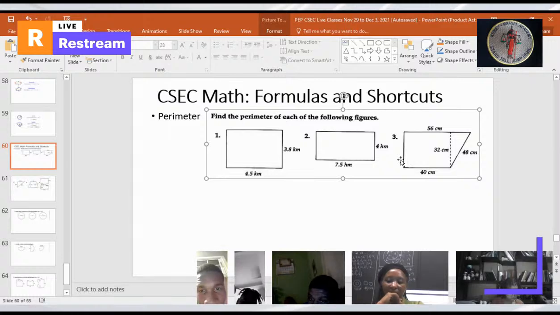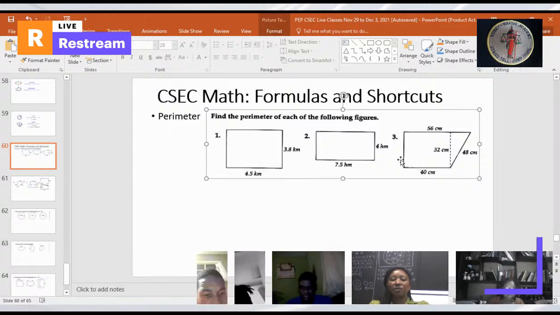What's the perimeter of number 3? So we have the top length, so that's a trapezium, right? That's a trapezium, two parallel sides. Okay.